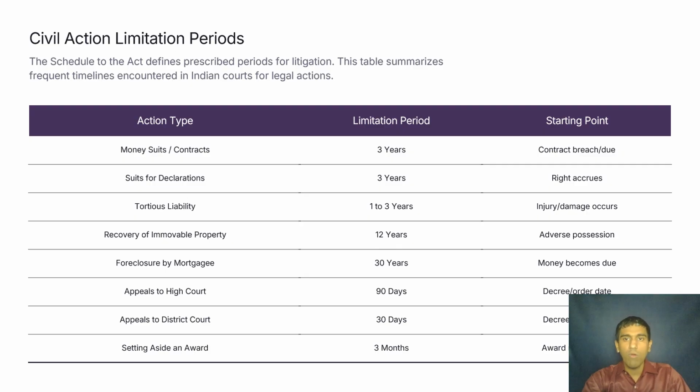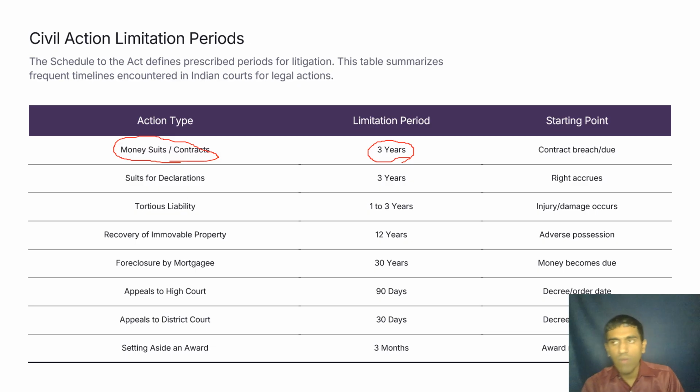Matter number one relates to money suits or contracts, mostly loans or other sorts of monetary debts, or contracts for sale of goods or sale of securities and so on. The limitation period in case of loans, dues, debts or other contracts is 3 years.